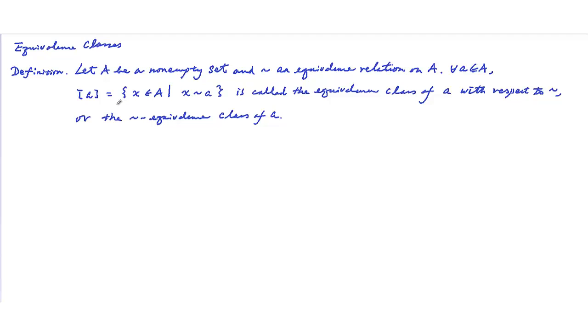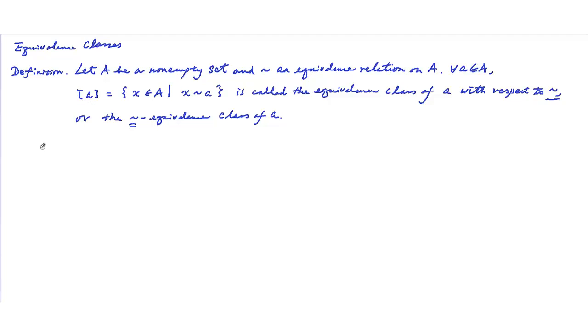In real applications, when the equivalence relation is specified, we will use the name of the real equivalence relation instead of ~, and we also will put the real name here if it's clear. And for convenience, we'll also simply say this is a class of a as well.